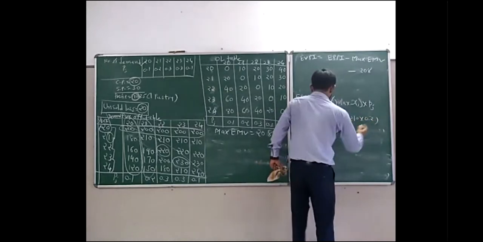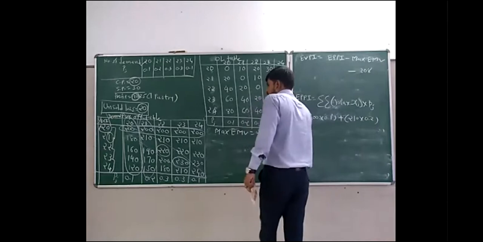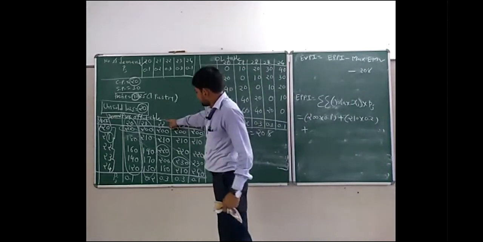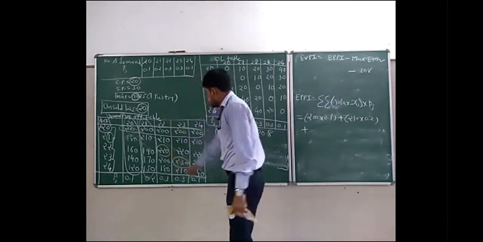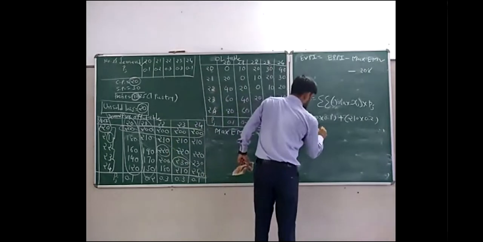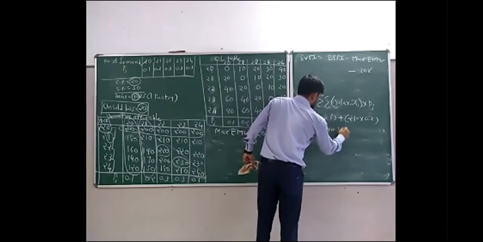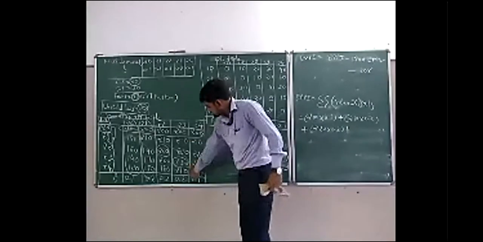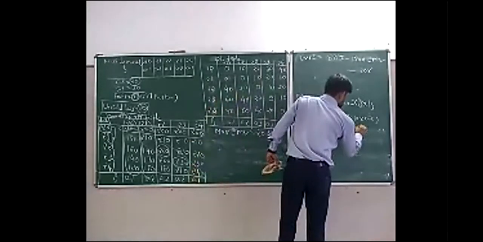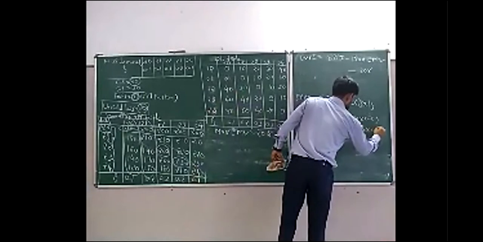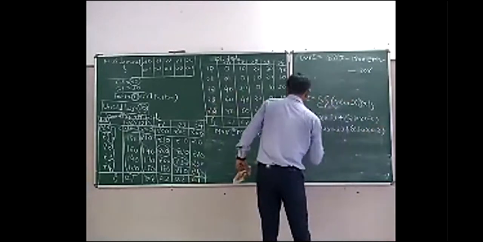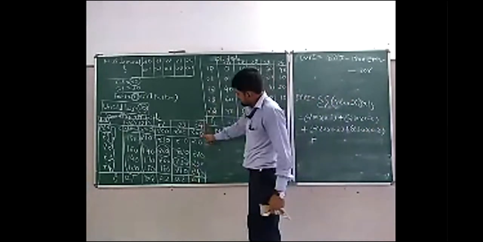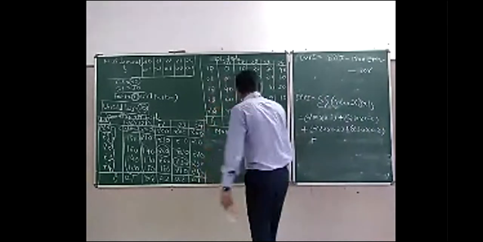For the third, the maximum is 220 into 0.3. For the fourth column, the maximum is 230 into 0.3. And for the last column, the maximum is 240 into 0.1.